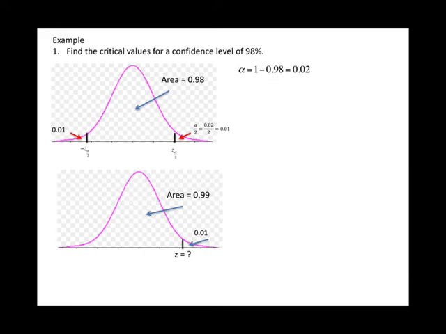Okay, so we want to find out the critical value. And remember in chapter 6, if they give the area, how can you find your z-score? Okay, review your notes. If they give the area, how can you find your z-score?